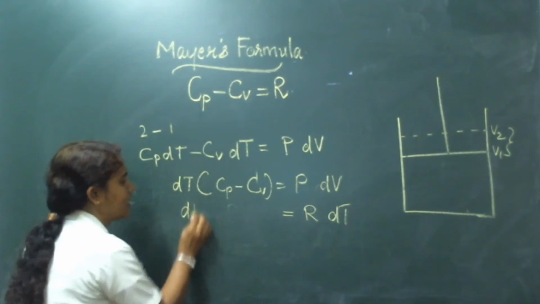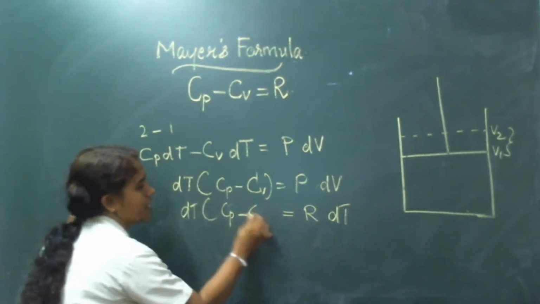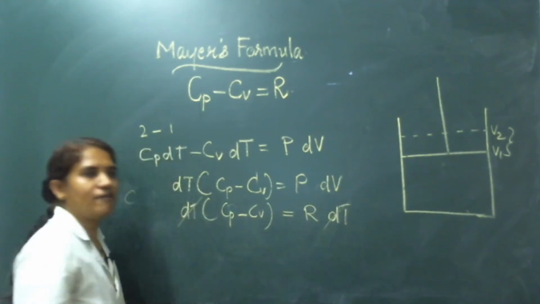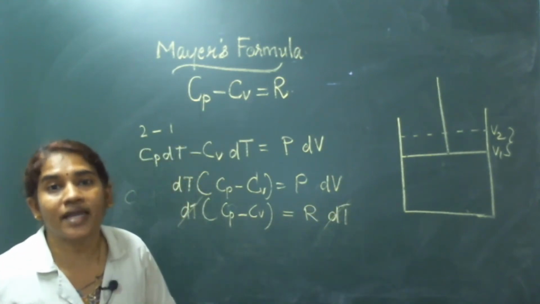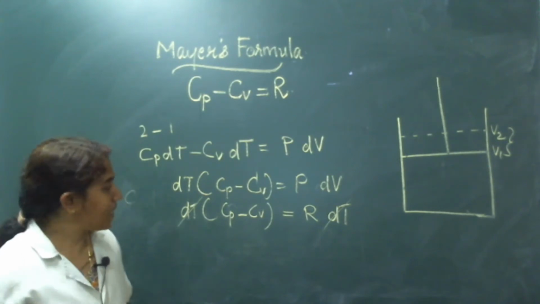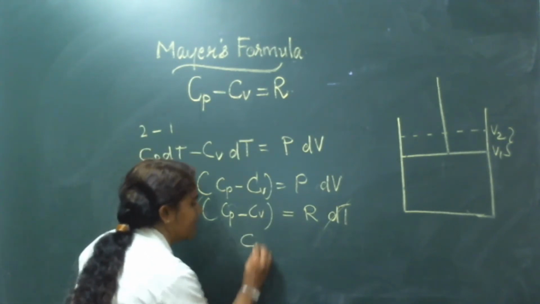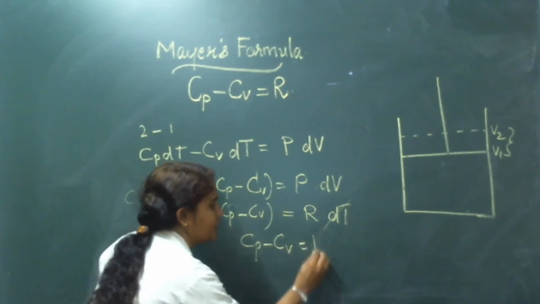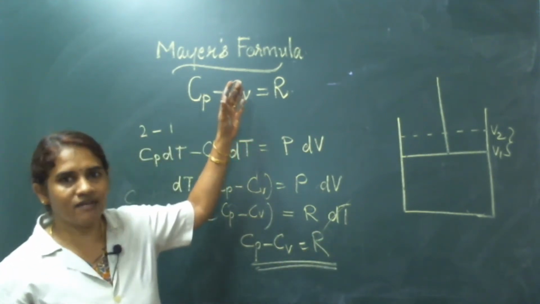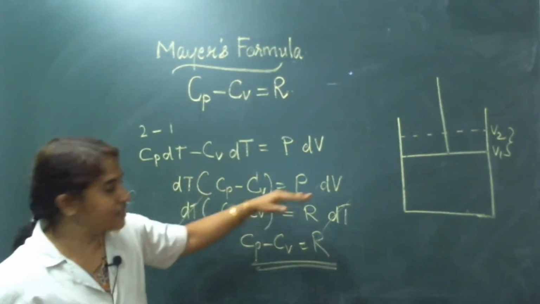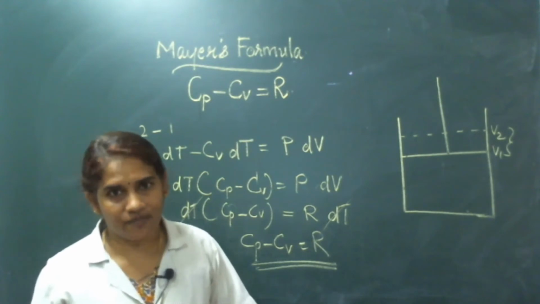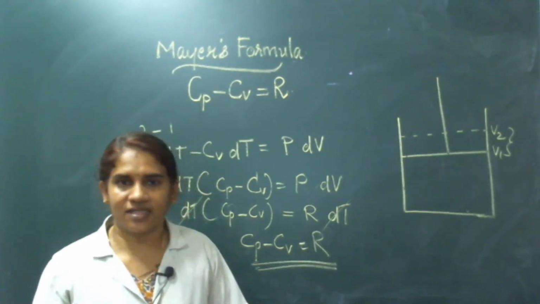The whole equation is dt into Cp minus Cv equal to R into dt. Since dt is common, Cp minus Cv is equal to R. That is our desired equation, which is known as Mayer's relationship between Cp and Cv.